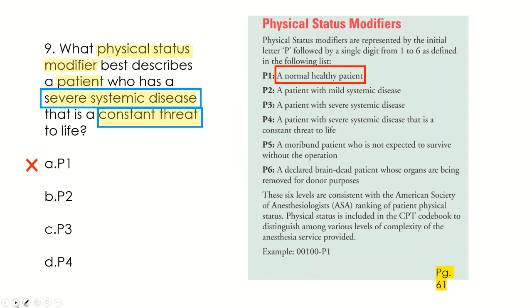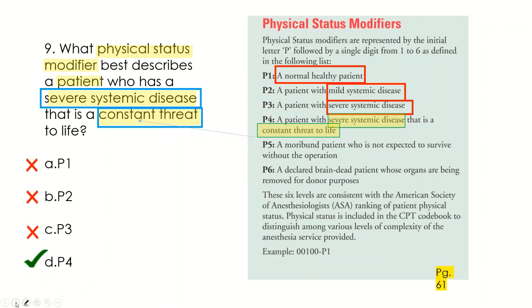P2 is mild systemic disease, definitely not what we're looking for. P3 is close, severe systemic disease, but not exactly what we're looking for. But P4 is a patient with severe systemic disease that's a constant threat to life. And that is exactly correct.